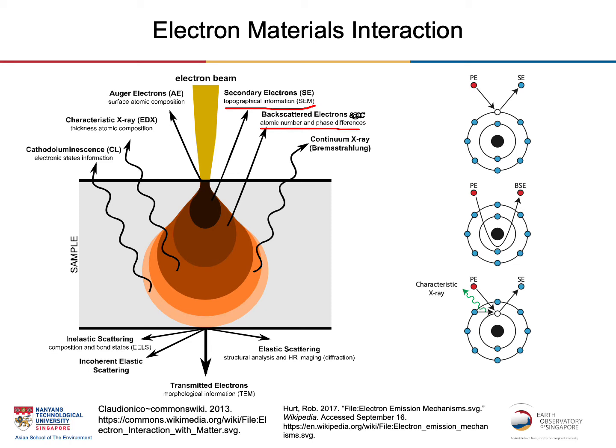Another thing that we will use extensively in this tutorial as well as in geochemistry is the interaction between the electron and the material that produces a photon with a certain wavelength unique to a certain element, what they call the characteristic X-ray, EDX. There are other kinds of effects caused by this interaction, but I will not be discussing much today.